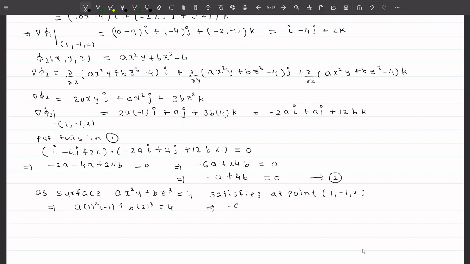So it is −a + 8b equals 4. So this is equation number 3.